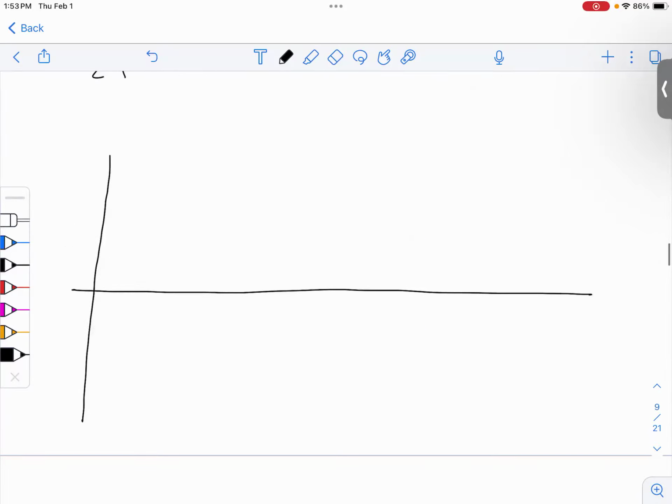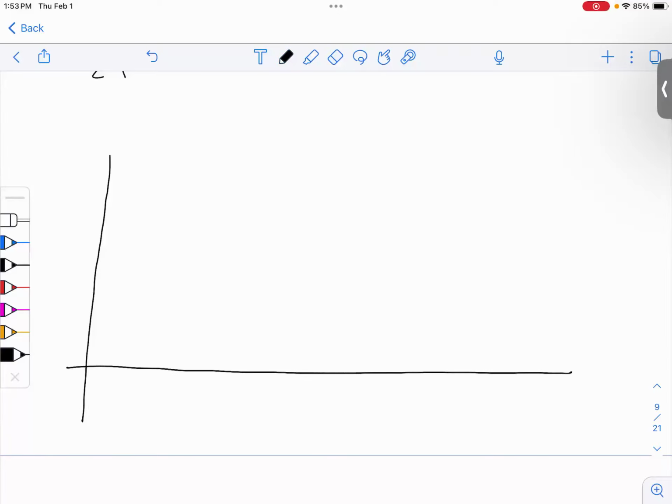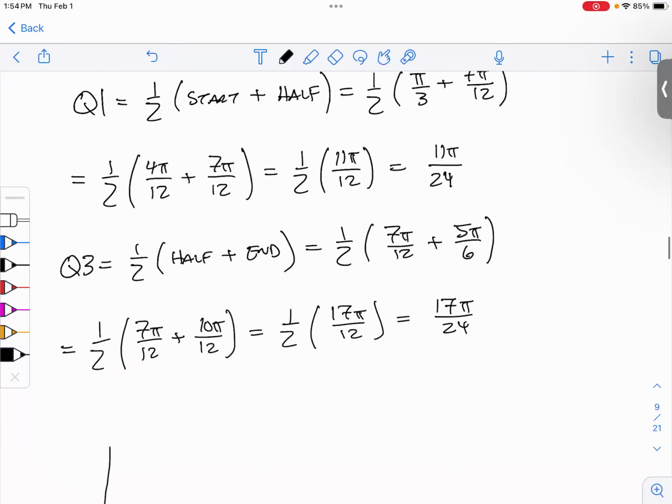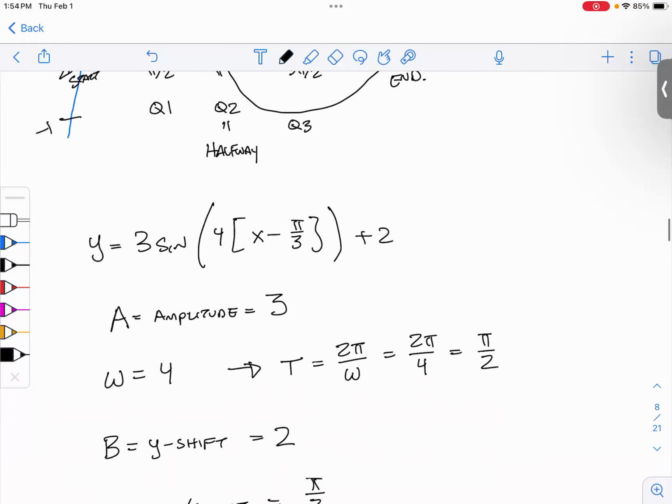Actually, I need to adjust how I was going to draw this. And 2, so actually I'm going to need it about here. Okay, so we got the 2.